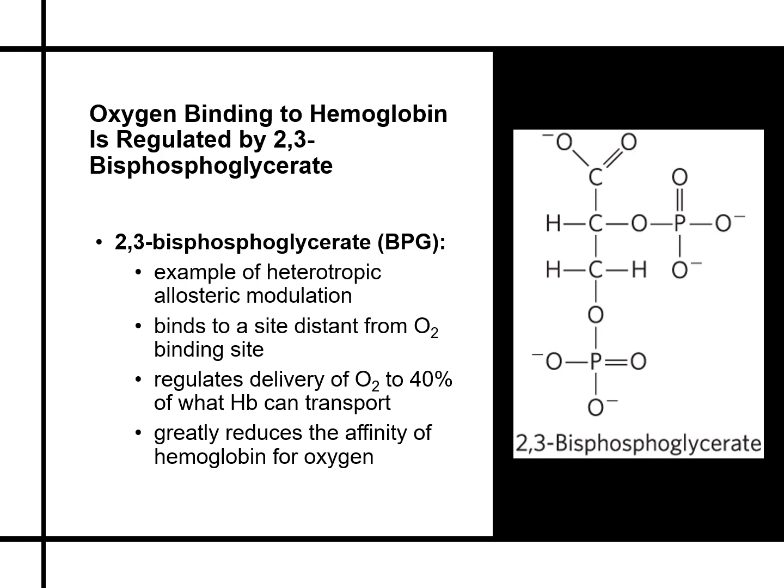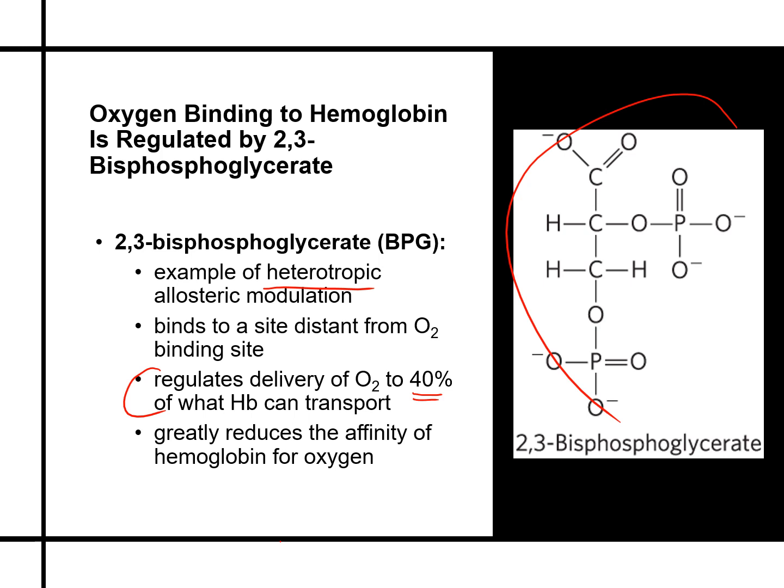Now we can turn our attention to another compound called 2,3-bisphosphoglycerate, which is the compound that you see right here. It is, as noted previously, a compound that is capable of heterotropic allosteric modulation. It actually binds at a site on hemoglobin distant from the oxygen binding site. And it's quite interesting what it does. It actually regulates the delivery of oxygen to 40% of what hemoglobin could actually transport.